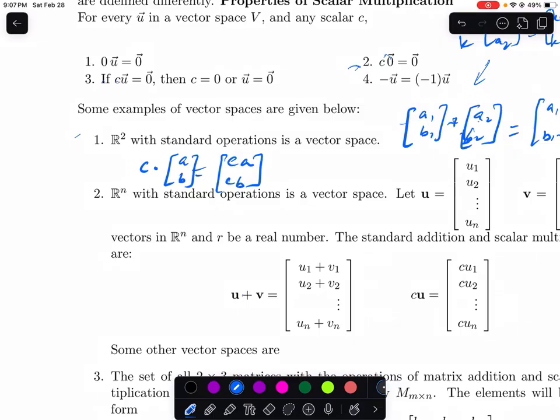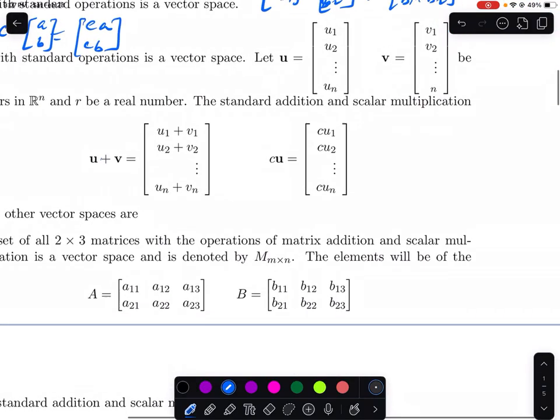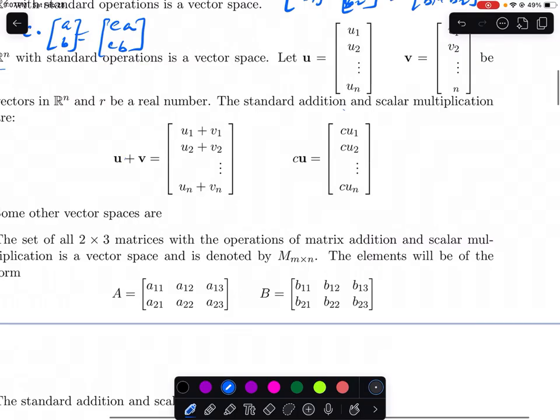Now Rn, where n is any positive integer, with standard operations is a vector space. In Rn, the vectors have n components: u1, u2 up to un, and another vector v, v1, v2 up to vn.